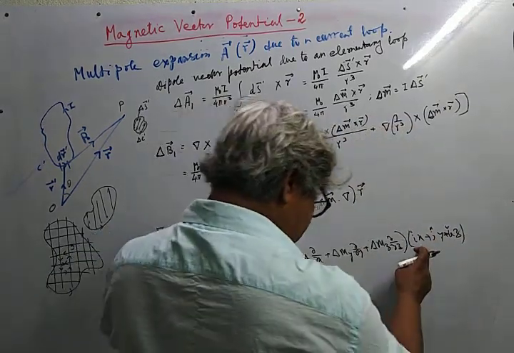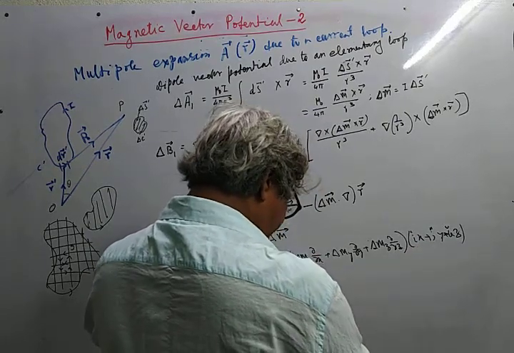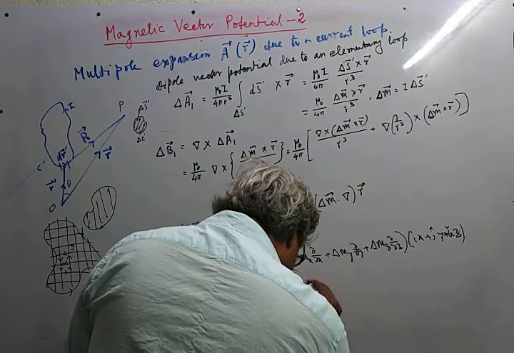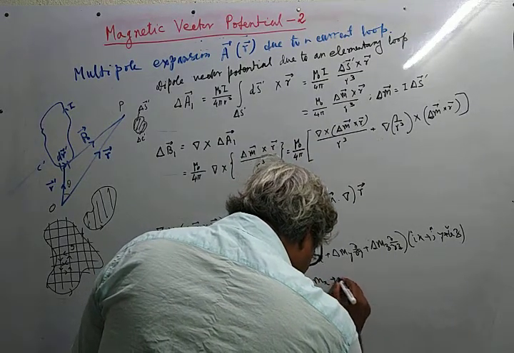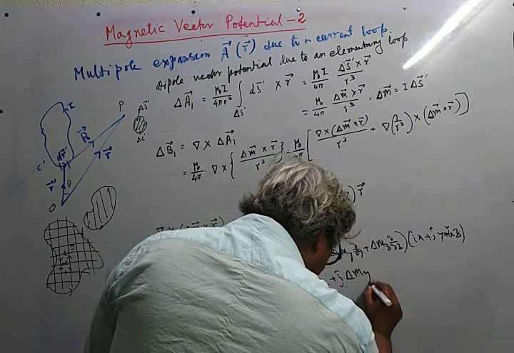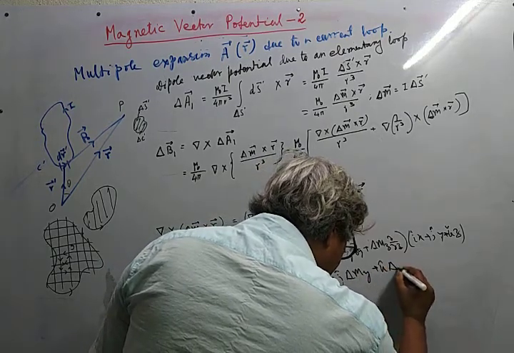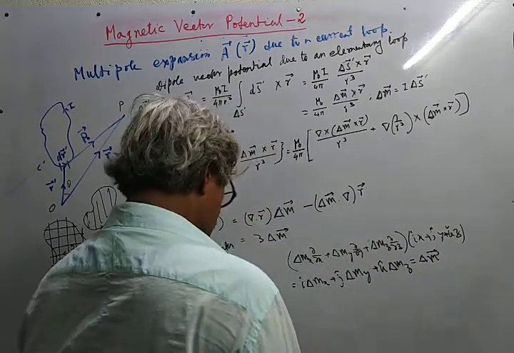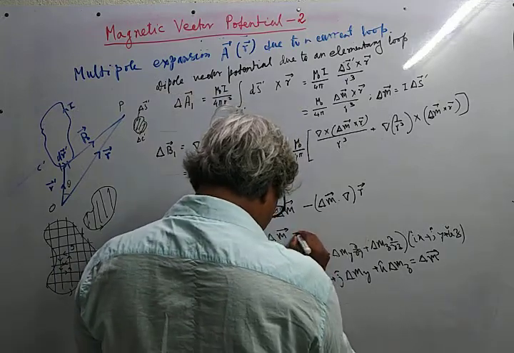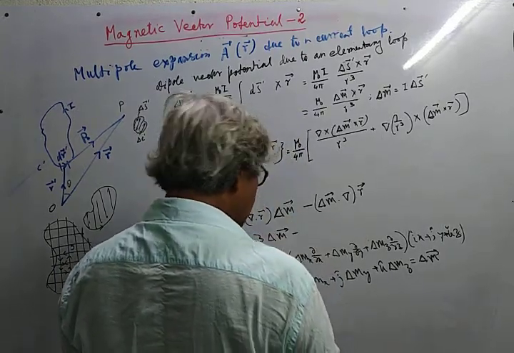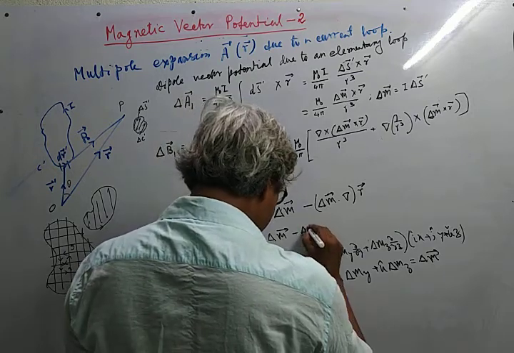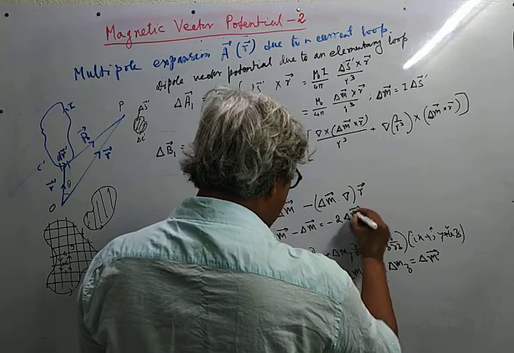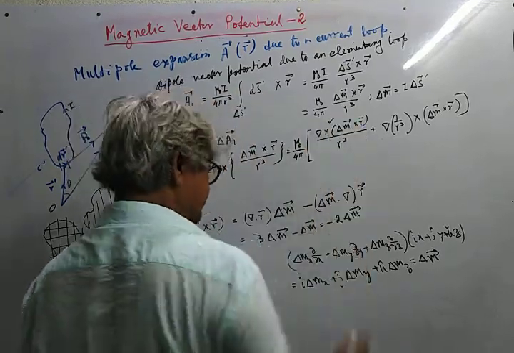So when this operates on it, it is simply i cap delta mx, and the rest are 0. So the result is i cap delta mx plus j cap delta my plus k cap delta mz. This is delta m. So this is minus delta m. The first term is worked out.